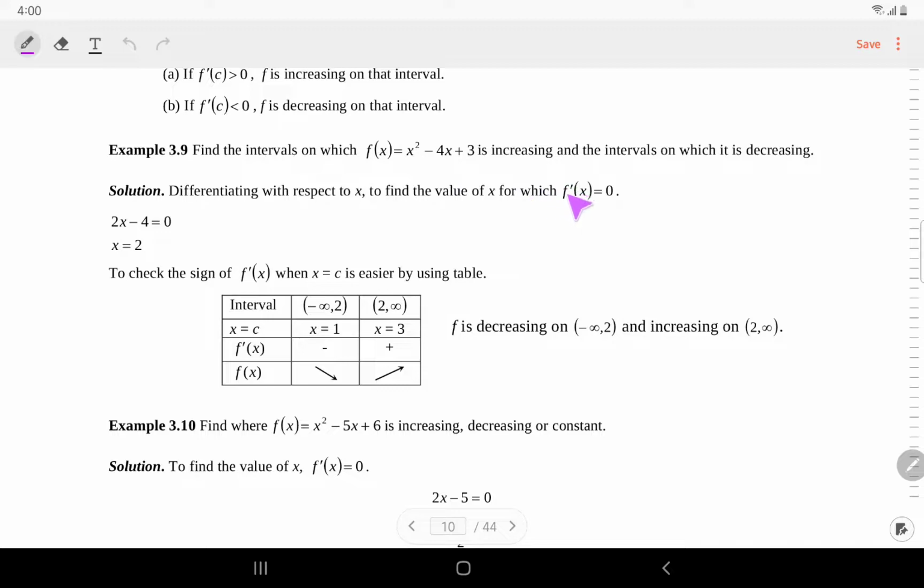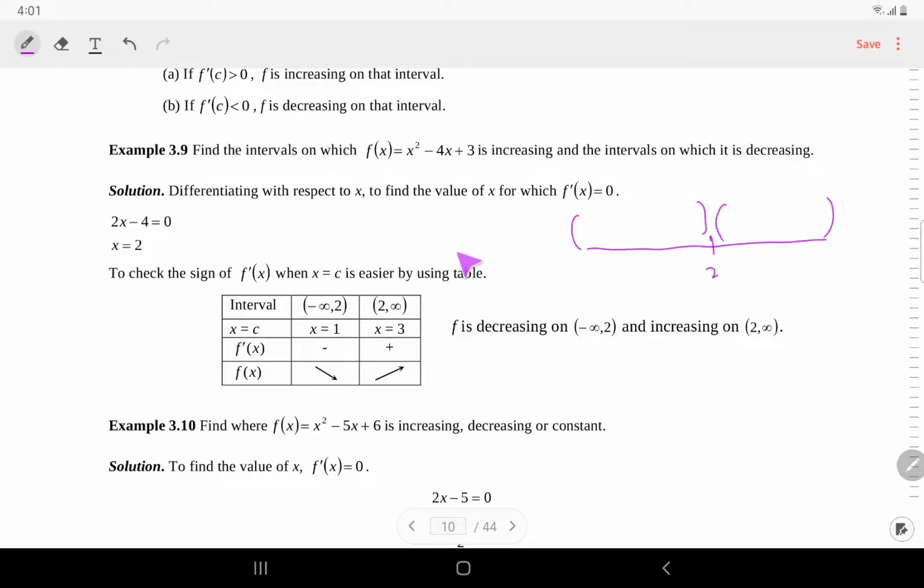So this is what we need to set up. f prime x means we differentiate this function. Differentiating this function, we get 2x minus 4. So 2x minus 4 equals 0. Solving this equation, we get x equals 2. So x equals 2, meaning that on our number line, 2 is here. With 2 here, we get one interval on this side and one interval on this side.